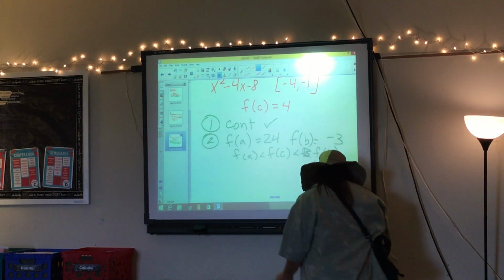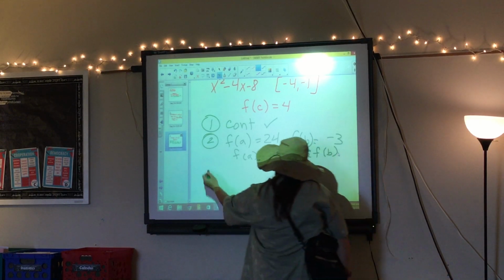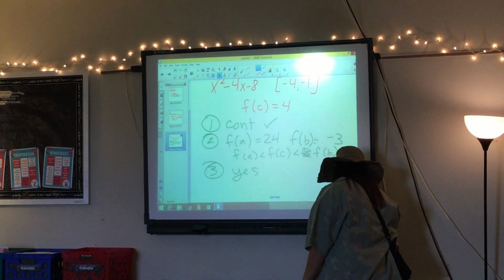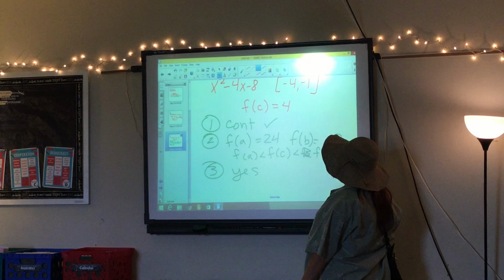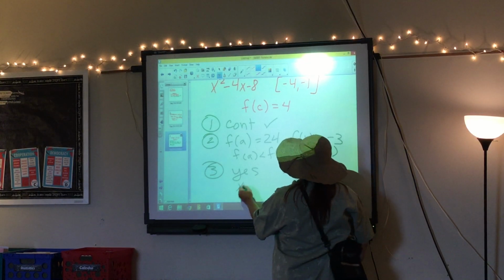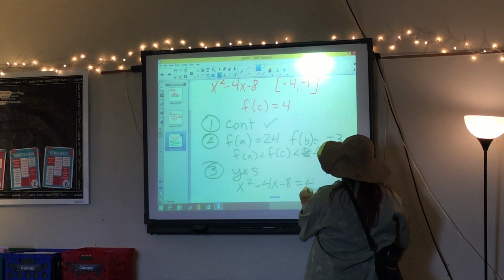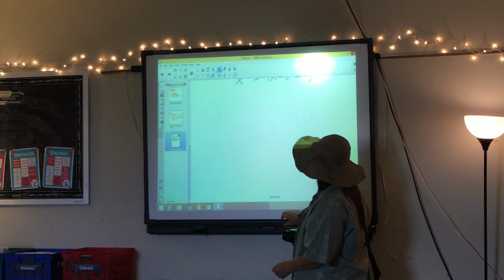So in this question, we would say yes, and then it says, find the value. So we would set that equal to 4, and then we would just find what our c value has to be.